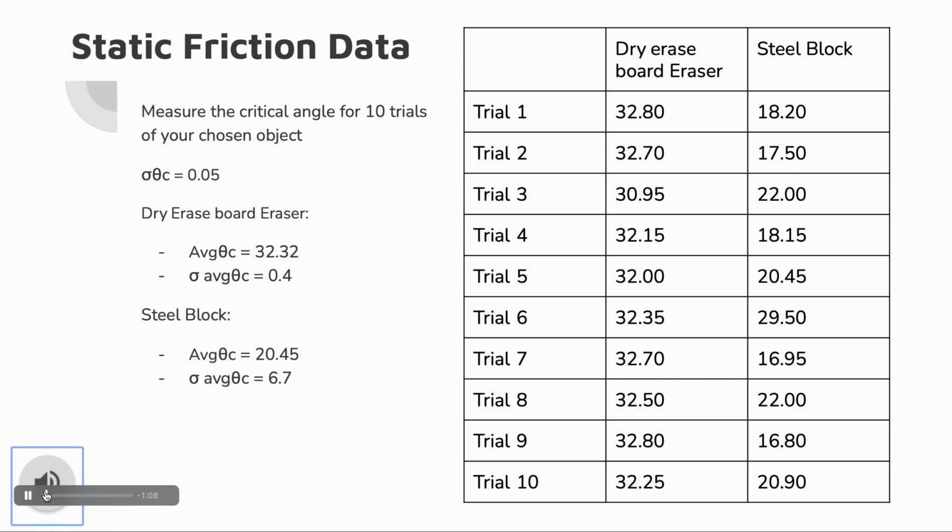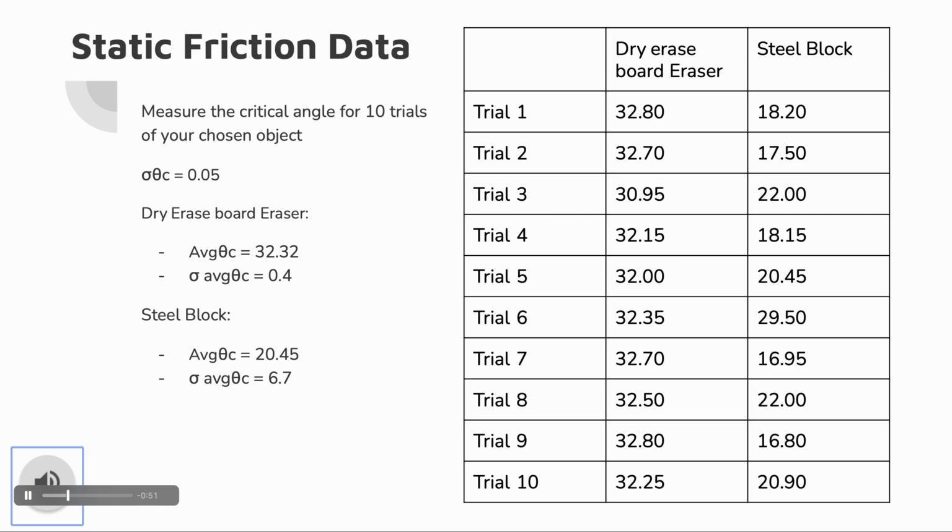So now for our static friction data, to make the measurements more accurate and precise, we did 10 trials of our chosen objects, which were the block and the eraser.